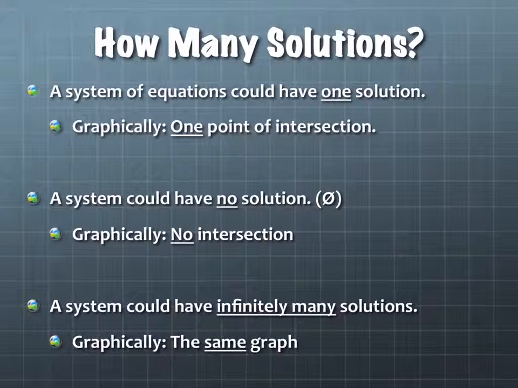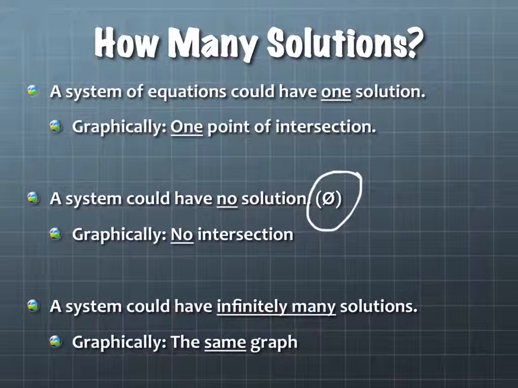The system could have no solutions. And this is actually the notation for no solution. You will also recognize it's a notation for something else you've seen before, empty set. Mathematics is full of problems like this, where we use the same symbol for multiple meanings. Parentheses are probably the worst, but this one means no solution for this context, okay? No solution. Graphically, there's no intersection.